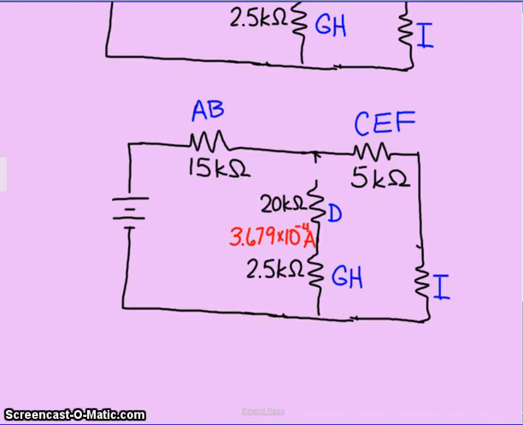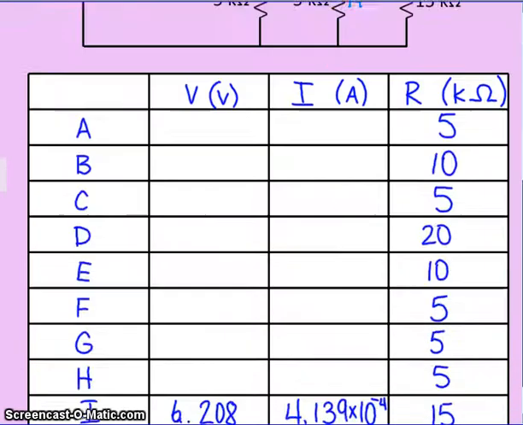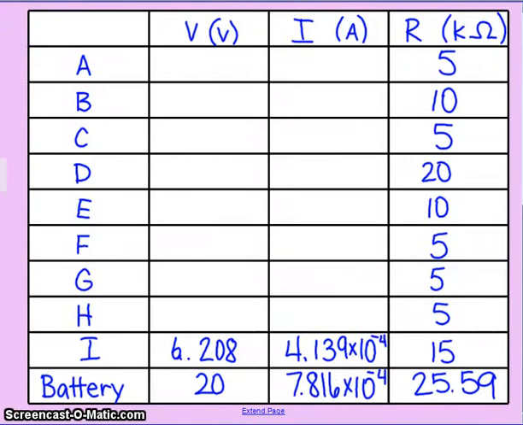D is a single letter resistor, so I can move over to my chart. And I will now calculate the voltage across that resistor. I get 7.358.